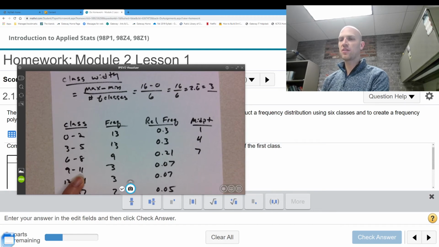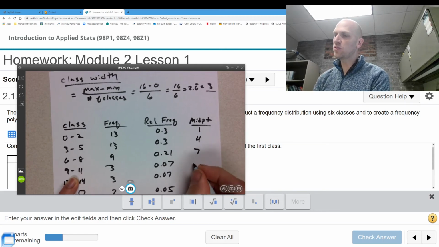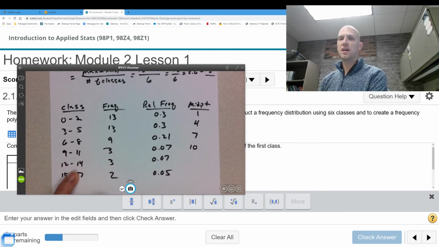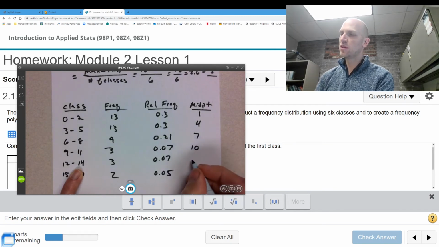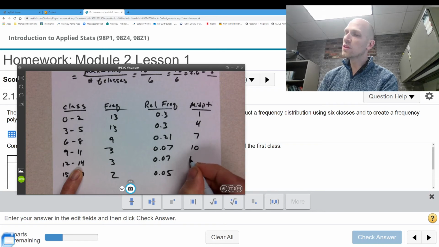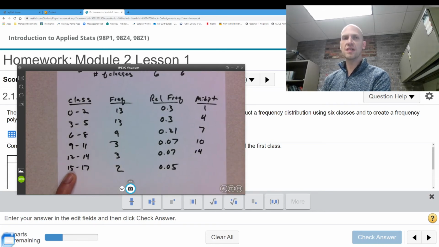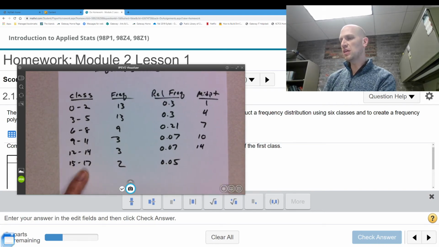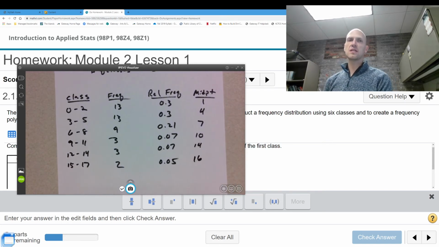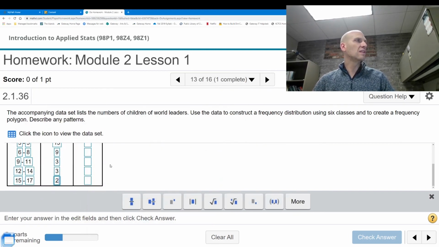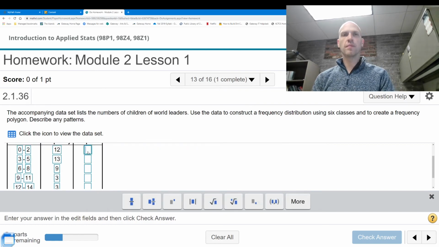Add those, 20 divided by 2, which is 10. Add those, 28 divided by 2 is 14. And this is going to be 32, 32 divided by 2 is 16. Hopefully I did those mental calculations correctly. We're about to find out. If I didn't, it wouldn't be the first time.